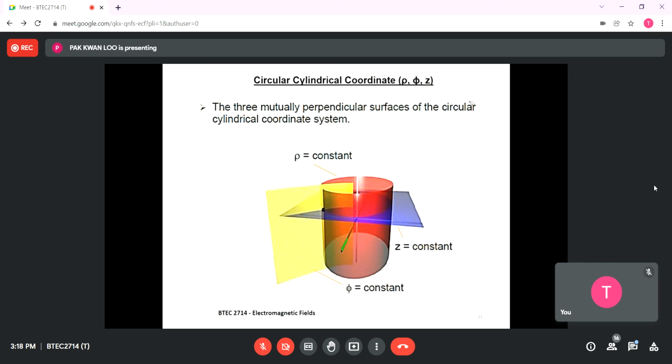Okay. All right. So again, the cylindrical axes are always perpendicular to each other.